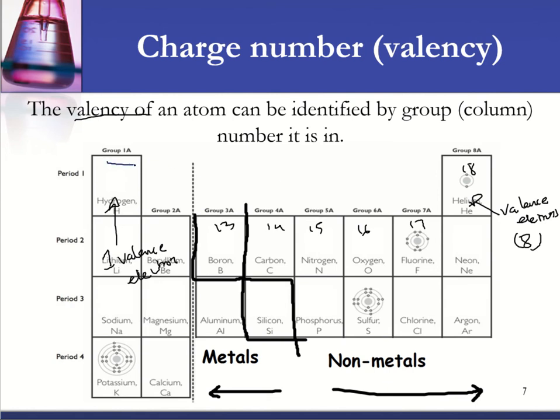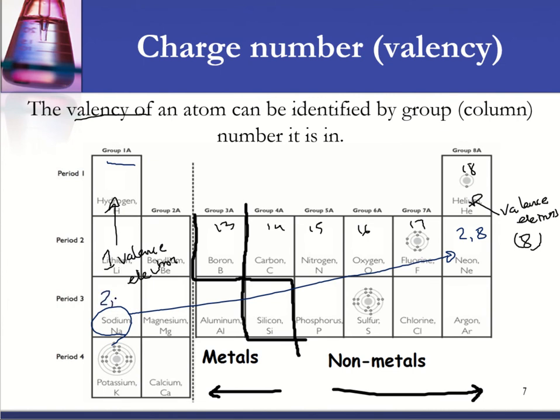So with group 1, it's a lot easier to give off 1 valence electron to get a full outer shell. Let's say I'm sodium, and if I want to have a full outer electron configuration, I want something similar to neon. Neon has a configuration of 2,8.